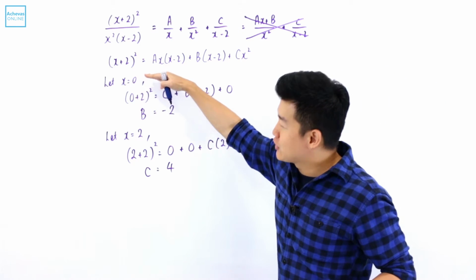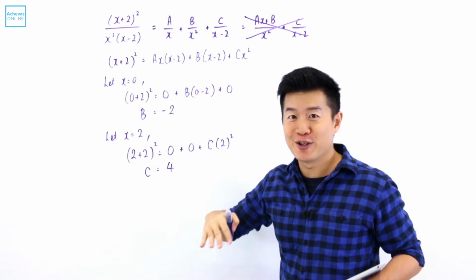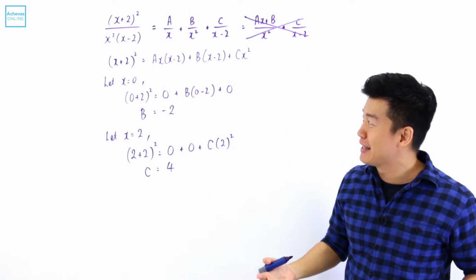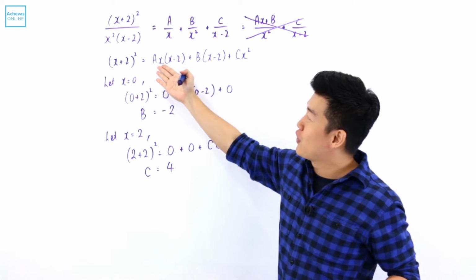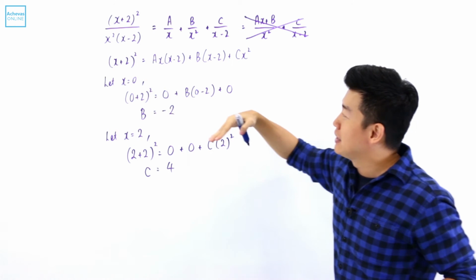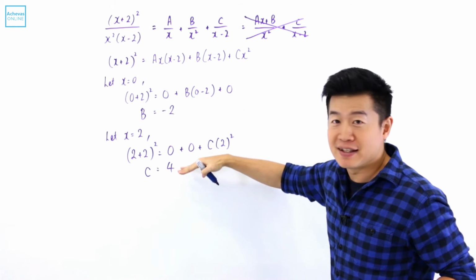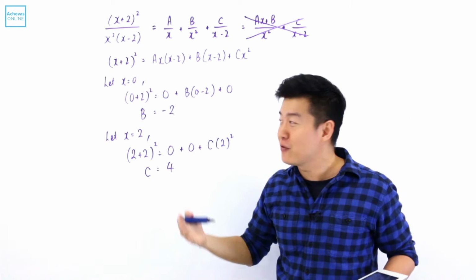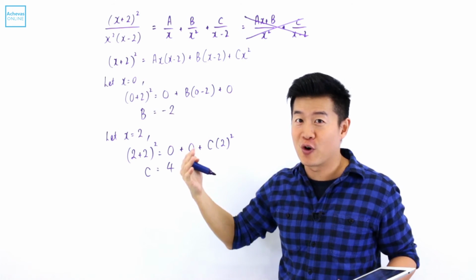After utilizing x equal to 0 and x equal to 2, there are no more convenient values that I can apply so that I can solve for a immediately. But we have already solved for b and c, so I just need to substitute any other value of x. Probably I'll go for 1.